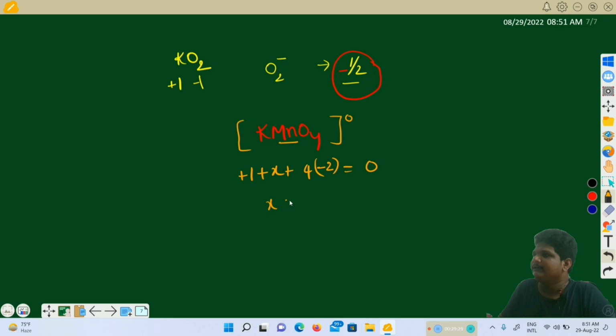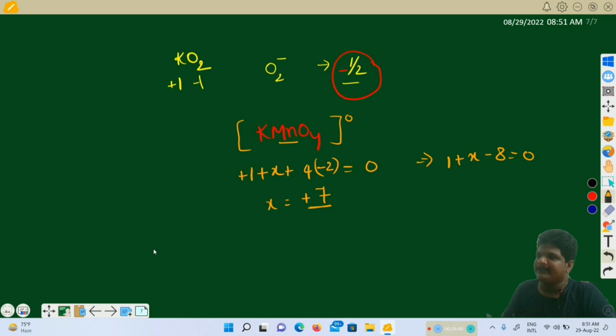So we have 1 plus X minus 4 into 2, that is -8, equal to 0. So X is equal to +7. Here manganese will have +7.